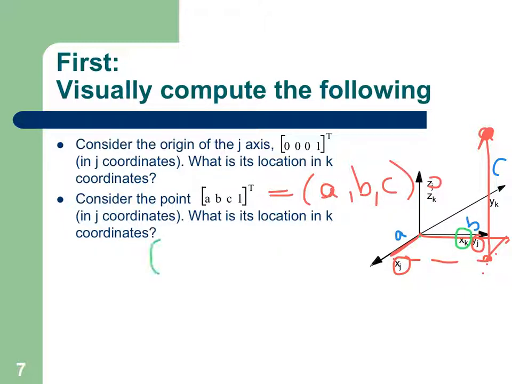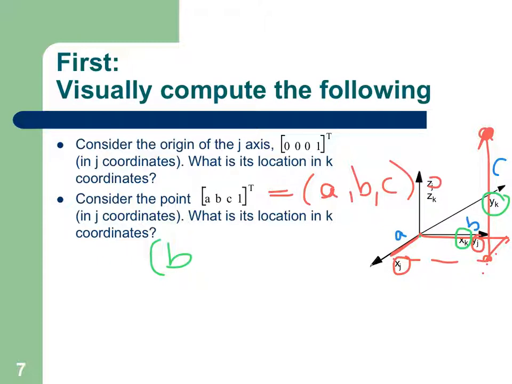So our point is going to be whatever the same as the y was. So that's going to be b. That's fine. And the y-axis for the K coordinate frame points in the opposite direction from the x-axis for the J frame, right?